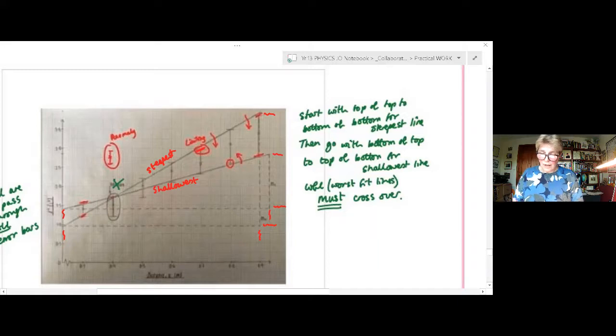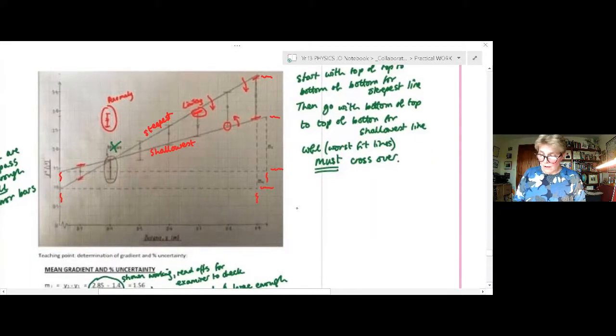And then the uncertainty in the gradient will be given by whatever the gradient is of the shallowest, take it away from the steepest, and then divide by 2, and that will be your uncertainty in the gradient, all right.